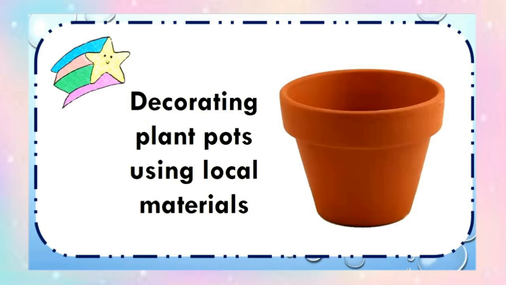These materials include beans, twigs, hemp ropes, and many more. Moreover, these decorated pots can also be used as a gift for special occasions. So you can give it to your friend or your parents or anyone that you want to give to, okay?